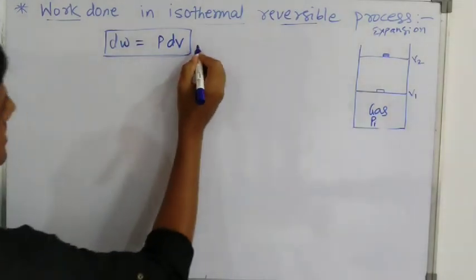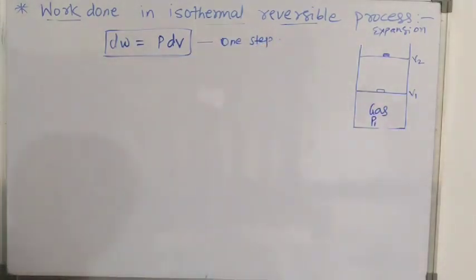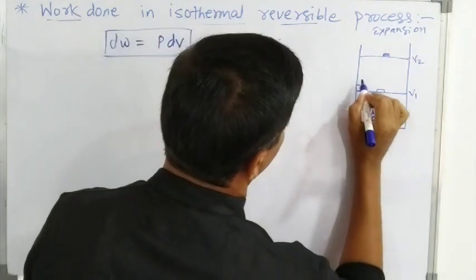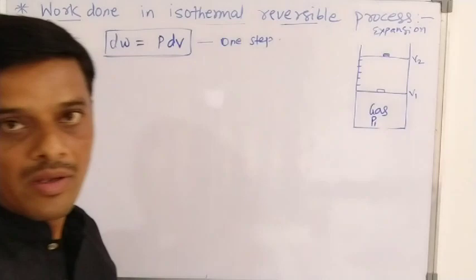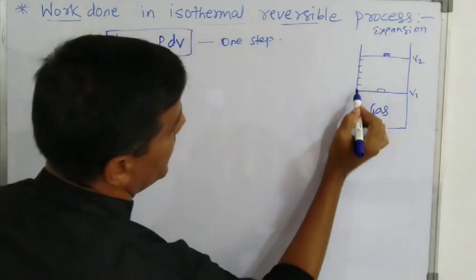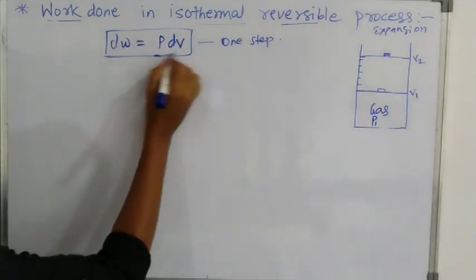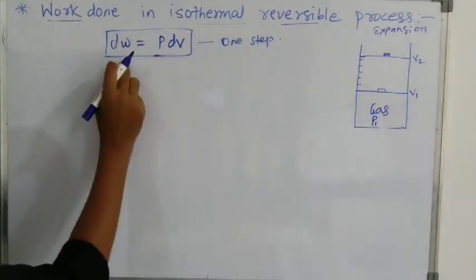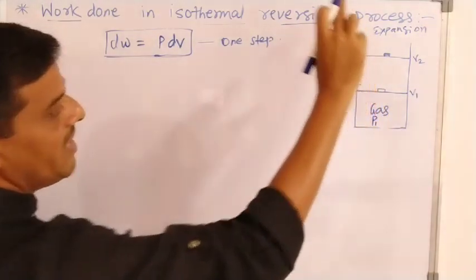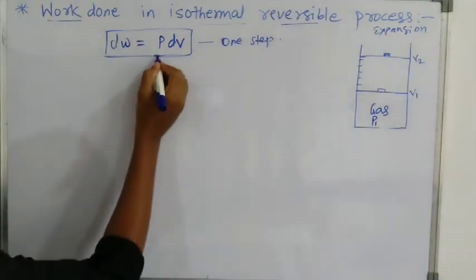Since this is the work done in a one step process, and as we know this is a reversible process taking place in n number of steps, the work done in n number of steps can be obtained by integrating this equation.